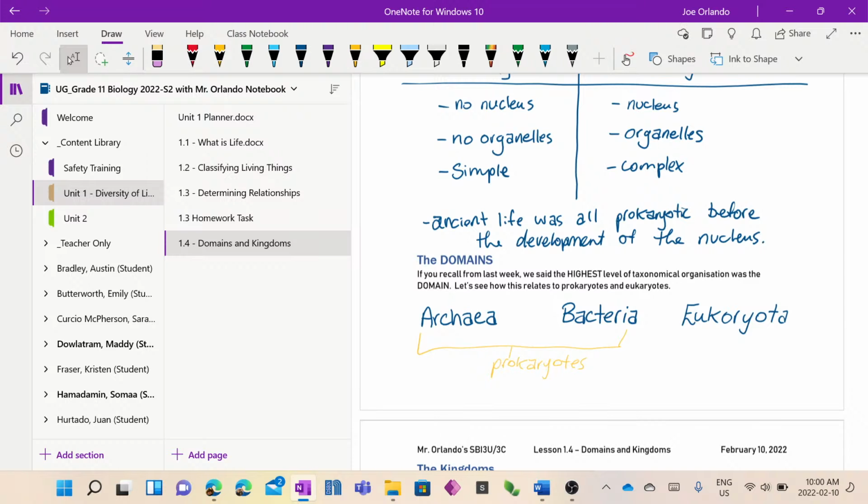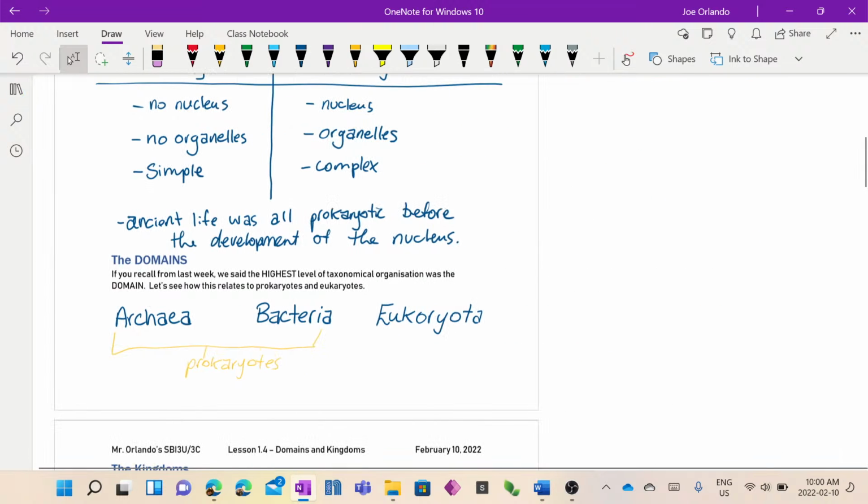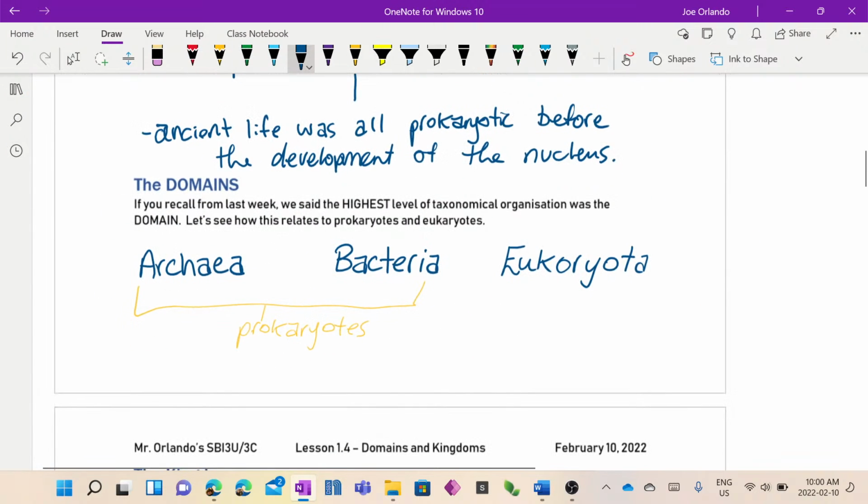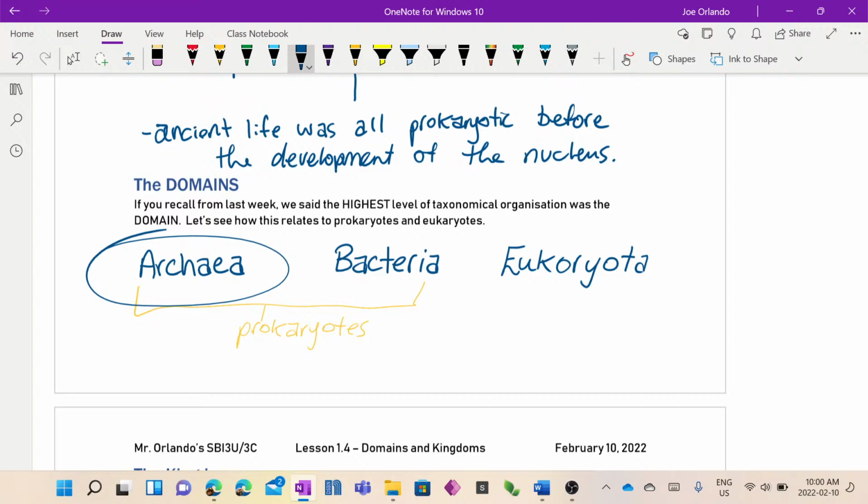So this is a really broad definition. Is anyone familiar with the word archaic? What's it mean if something is archaic? Or if something has been archived? Yeah, it's old. So the archaea are those organisms that are most like the ancient early life on Earth, the least changed things that still exist today.